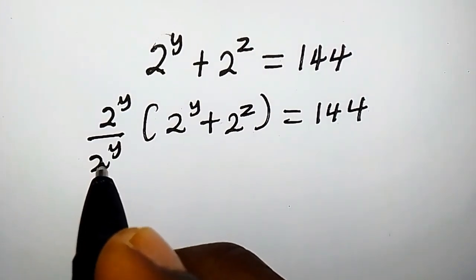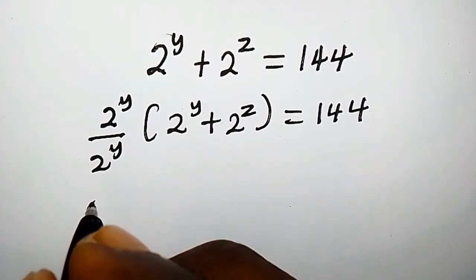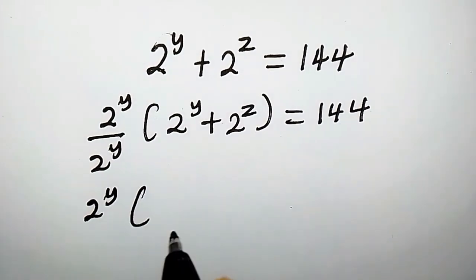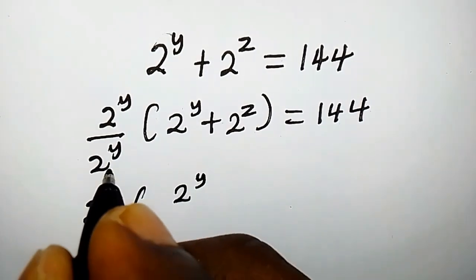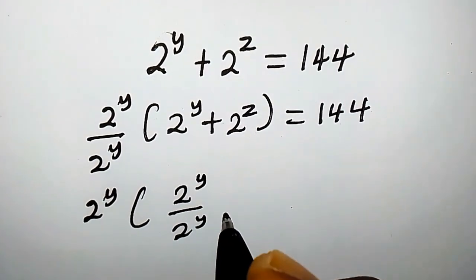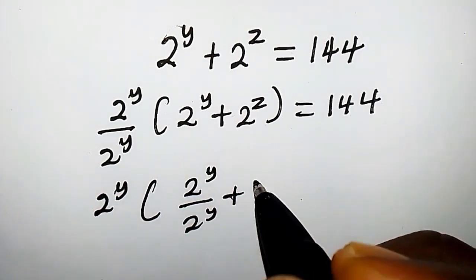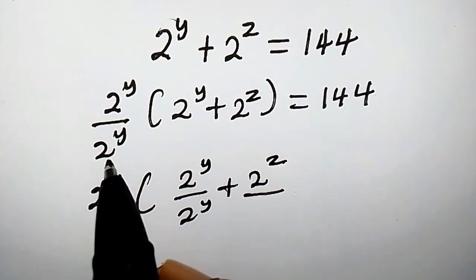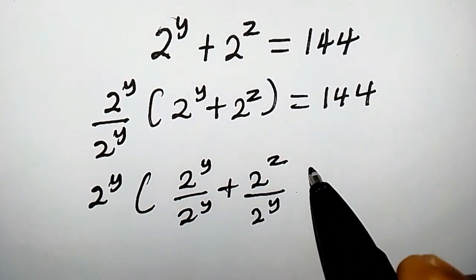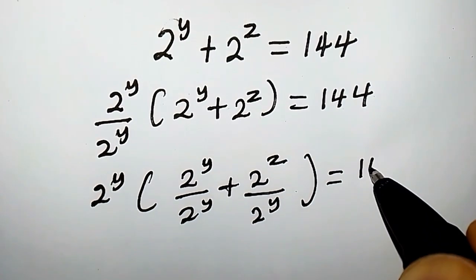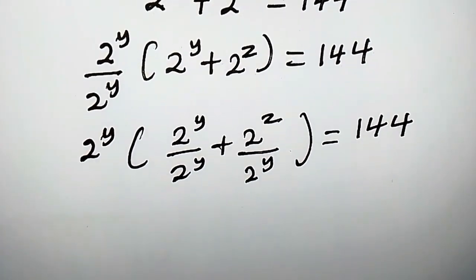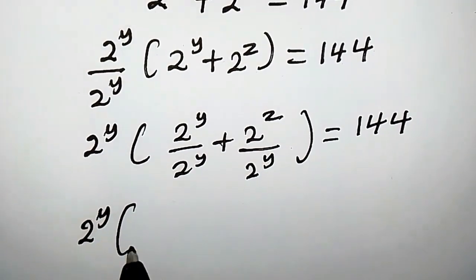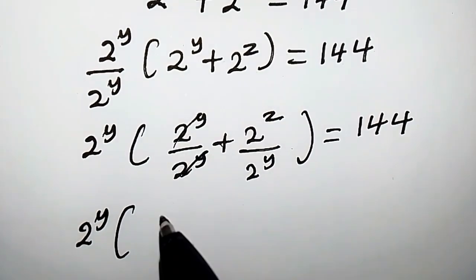Let's distribute this denominator to each of these terms. We're going to have 2 to the power of y into 2 to the power of y over 2 to the power of y plus 2 to the power of z over 2 to the power of y equals 144.